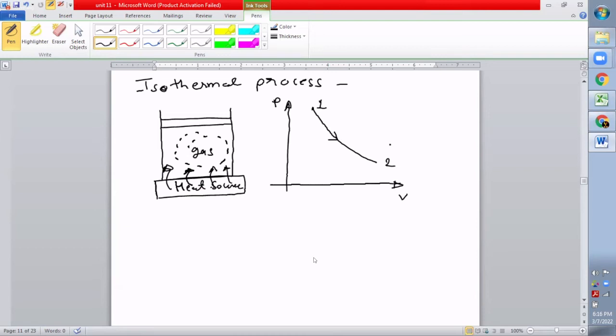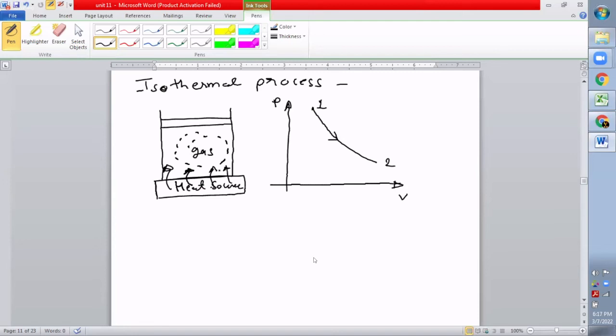The temperature should neither increase nor fall. So if the gas expands, volume will increase from V1 to V2, pressure will drop from P1 to P2, and the temperature would drop, so we add heat with the help of the heat source.